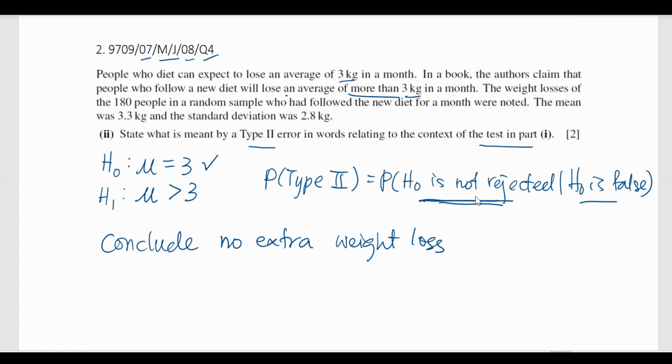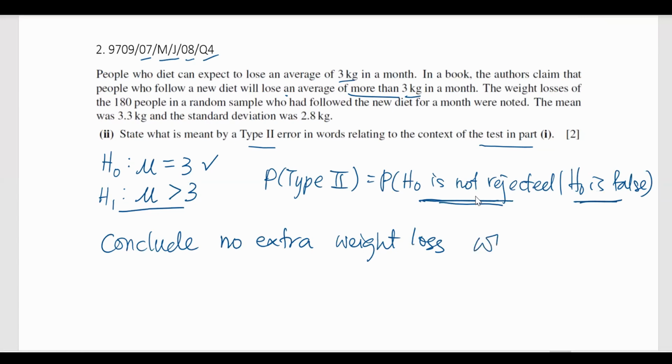H0 is not rejected, and then H0 is false. H0 is false means H0 is not true, which means we have to reject H0. So H1 is suggesting what? The mean is greater than 3.